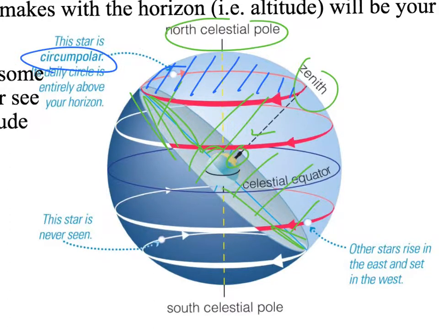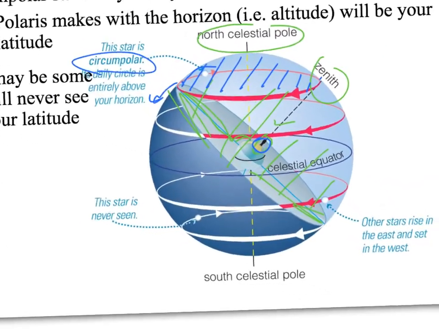Circumpolar stars mean as the Earth rotates, for this person with this local sky, those stars will be high and then they'll be low, but they'll never set below the horizon. They're always above the horizon. And your same set of pole stars will be your pole stars as you orbit the Sun. That is to say, throughout the year, they're going to be your same set of pole stars.